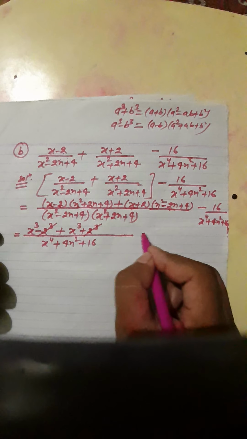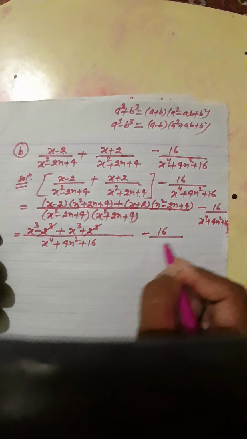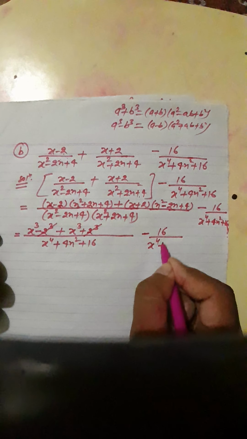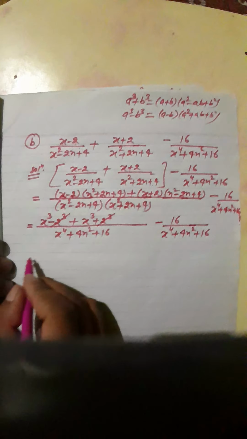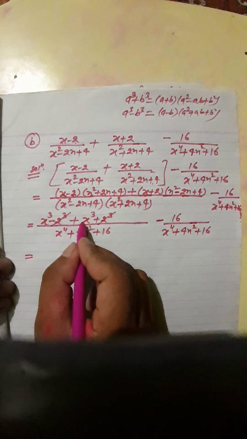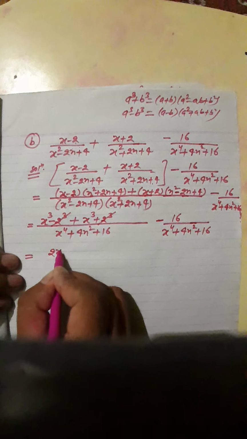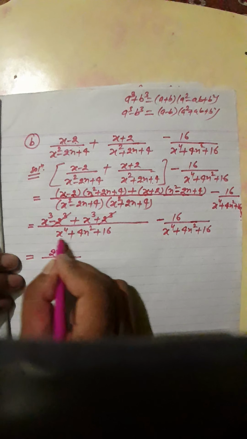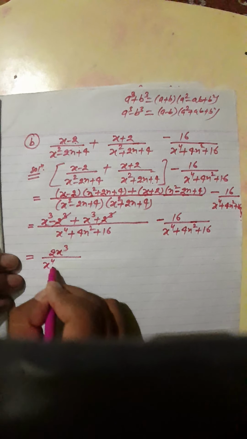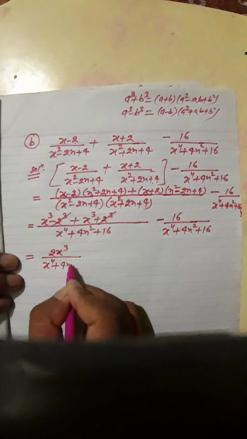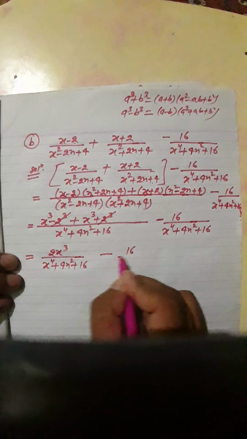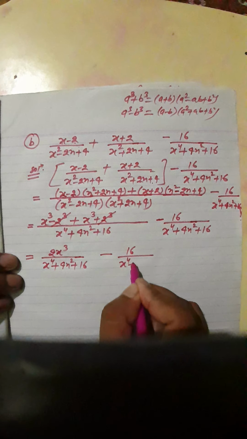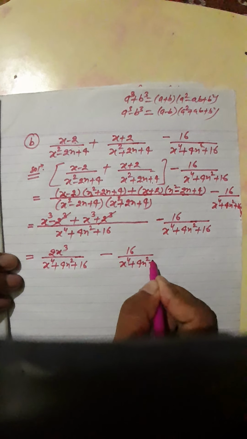Now remaining is minus 16 upon x to the power 4 plus 4x square plus 16, and next remaining is x cube plus x cube, or 2x cube, we can write as it is. This is divided by the denominator, the same x to the power 4 plus 4x square plus 16, minus 16 upon the denominator x to the power 4 plus 4x square plus 16.